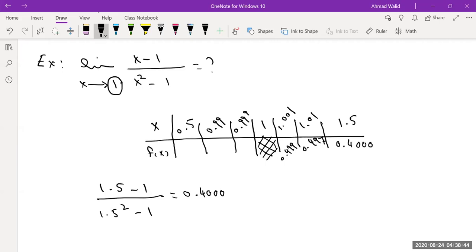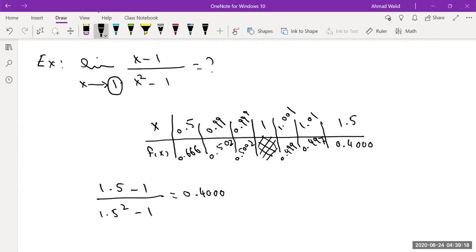Also from the left side, if you plug in 0.5 to this function, it gives you 0.666. If you plug in 0.99, it gives you 0.502, I think. And if you plug in 0.999, it gives you 0.5002, which is really, really close to 0.5.